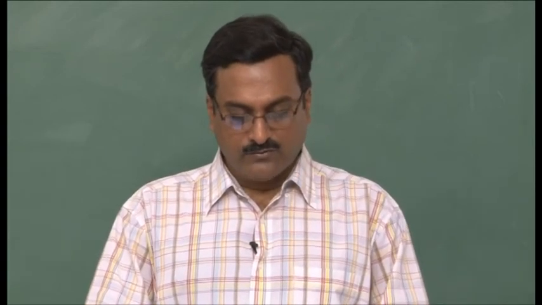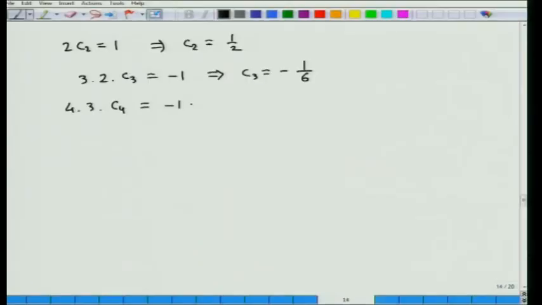Therefore 4 into 3 C 4 equals minus 1 minus C 0 by 2. Already we have the value C 0 equal to minus 1. So, this is equal to minus 1 plus half, which is minus half, and this implies C 4 is equal to minus 1 by 24, and we can write it as 1 by factorial 4.